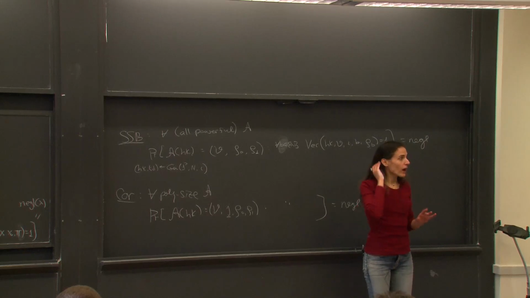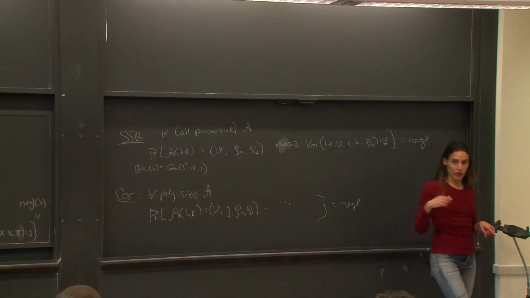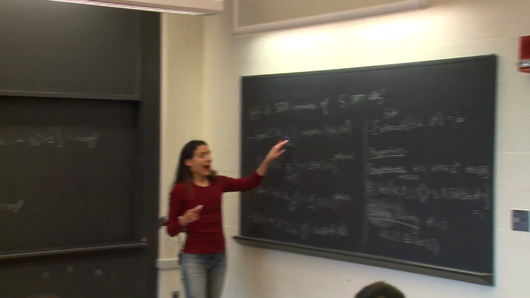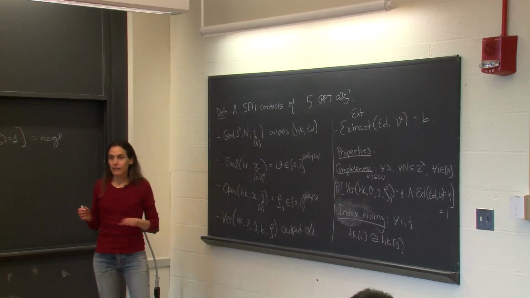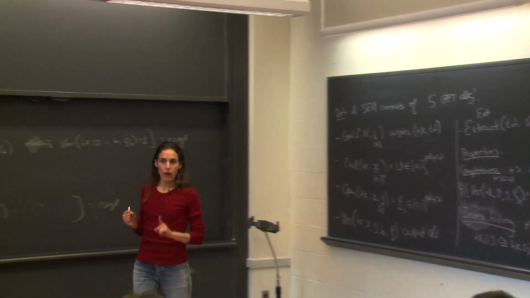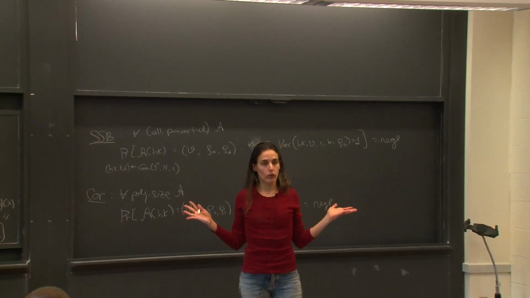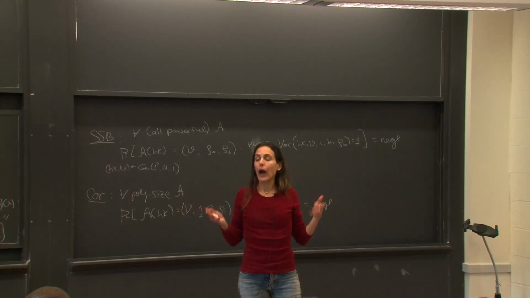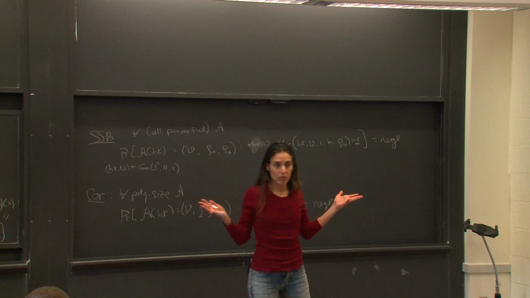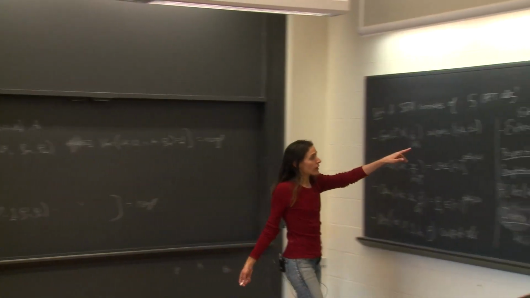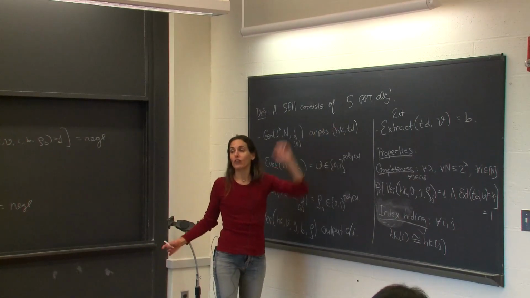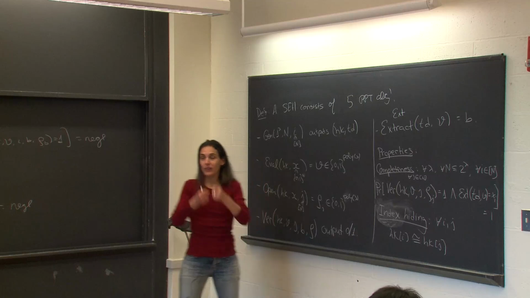Okay, another thing I want to mention, and this we'll actually use in our construction today: I said that the hash is binding on one location, on xi. We can actually get it binding on L locations, not just one. How do I get it binding on L locations? I'm going to just generate HK1, HK2, up to HKL, where the first is binding on the first location, and so on.